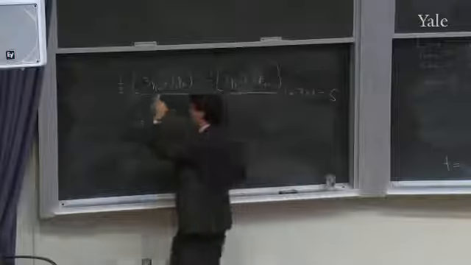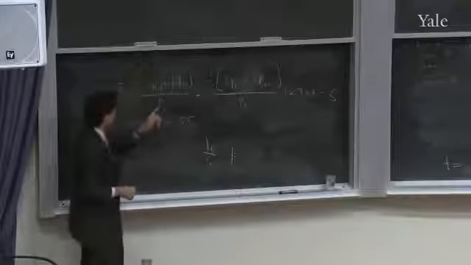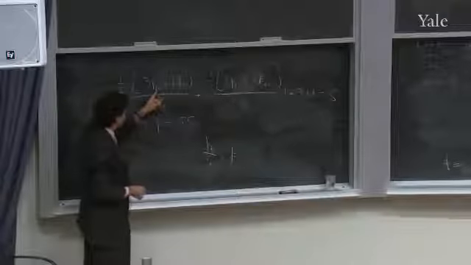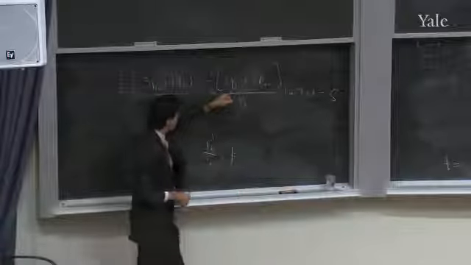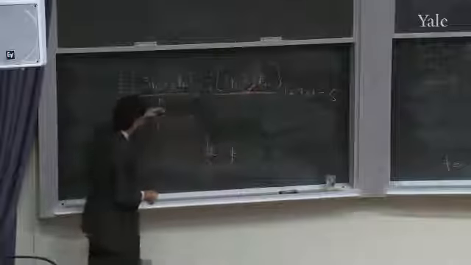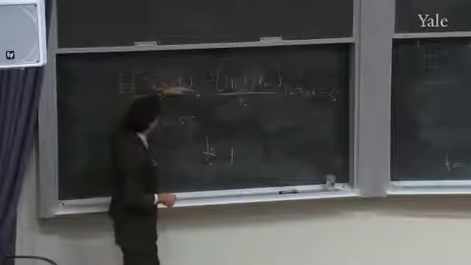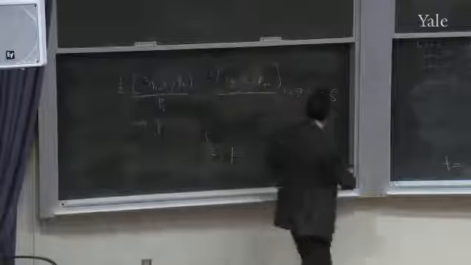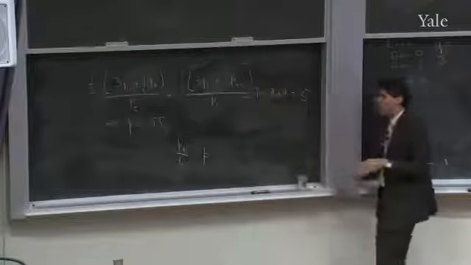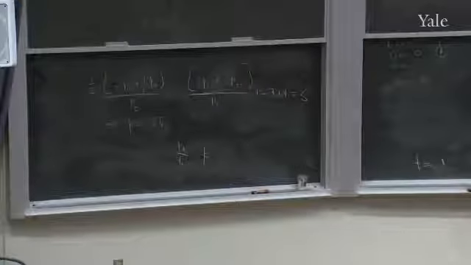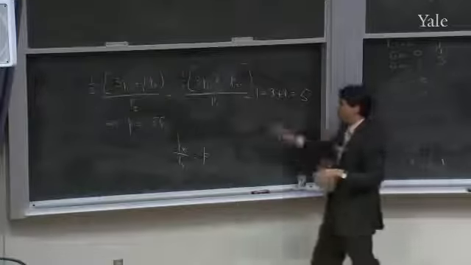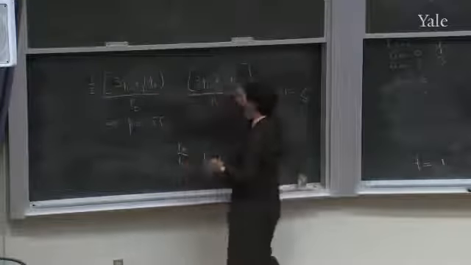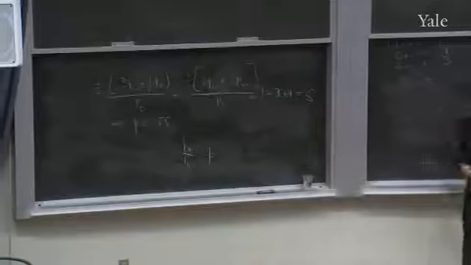Because when I go to generation S, which is another generation, all that matters is the ratio between PT minus 1 and PT and PT plus 1. So if I assume those ratios are always the same, I'm going to be repeating the same equation over and over again. So if I can solve it once, I can solve it an infinite number of times. It's basically the same equation written infinitely often. And as long as I keep these ratios constant, I'm just doing it over and over again. So I only have to do it once.